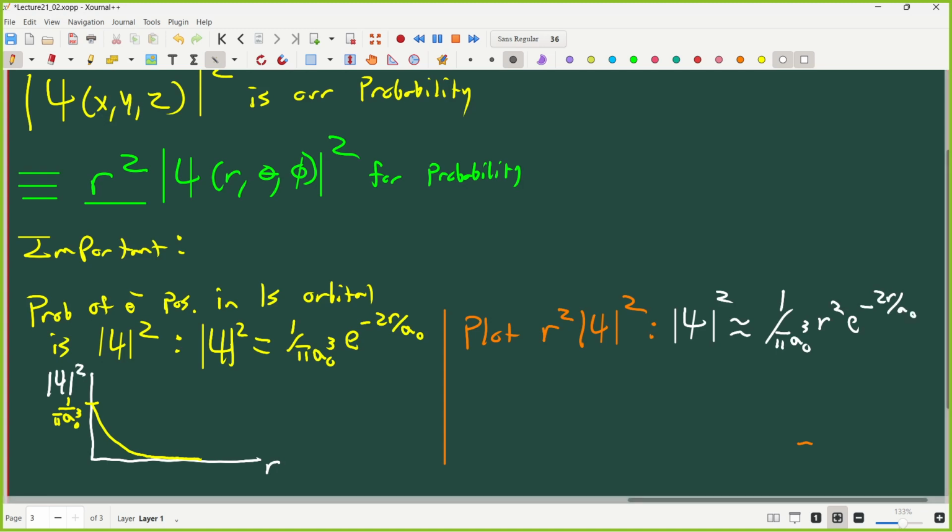Well, now if I put r equals 0 in there, the function is 0. So now there's no probability for the electron to be on top of the proton. So if you plot this function, you end up getting something that looks much more rational, maybe is the right word for it.